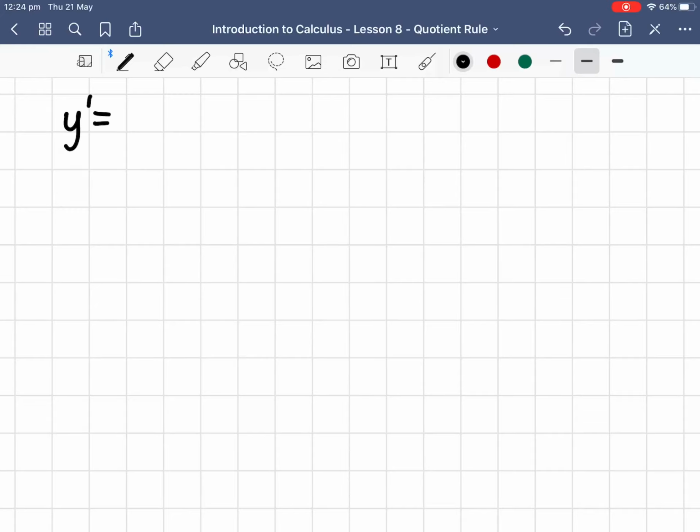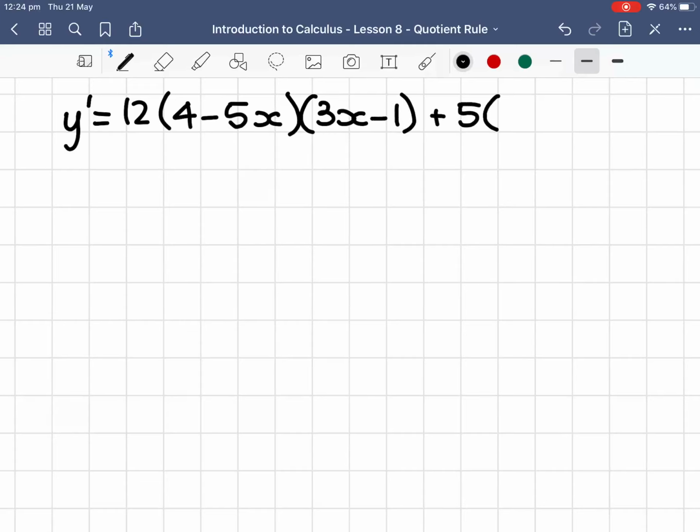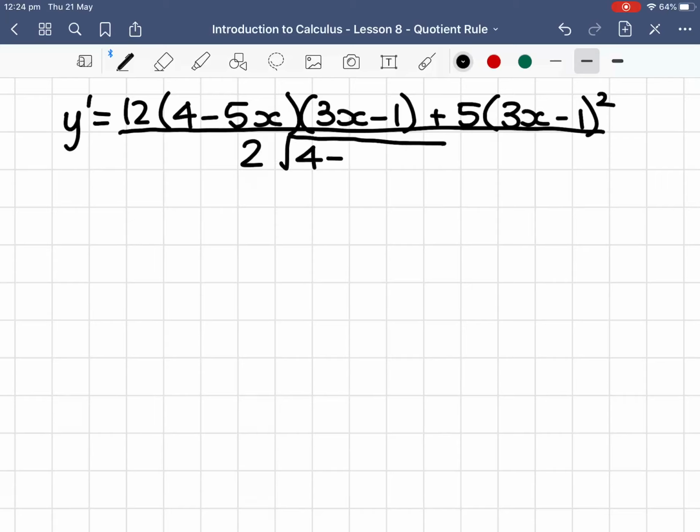So we had, you don't need to rewrite this down, y dash equals 12 bracket 4 minus 5x bracket 3x minus 1 plus 5 bracket 3x minus 1 all squared, all over a denominator of 2 root 4 minus 5x all cubed.